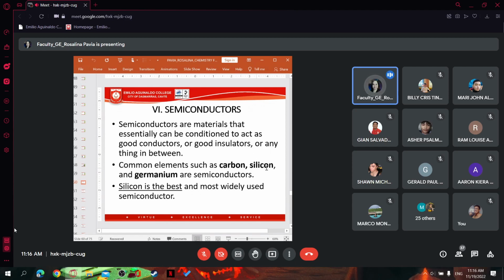In your periodic table, you can check it. What groups of elements are carbon, silicon, and germanium? Which group do they belong to? Check your periodic table.